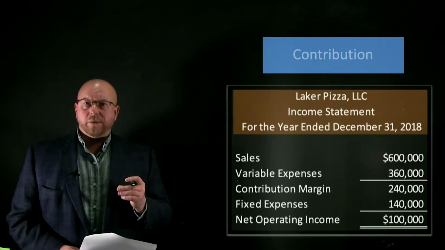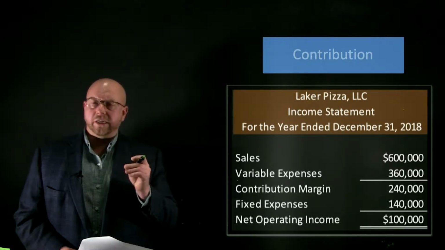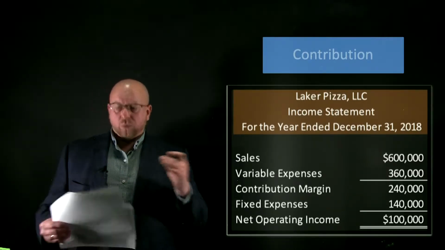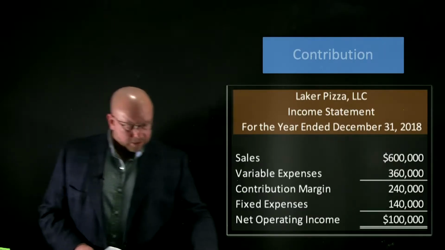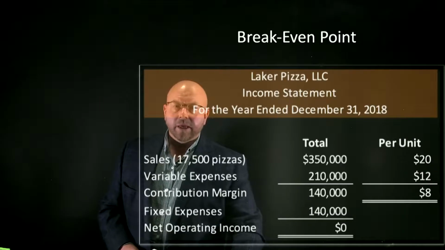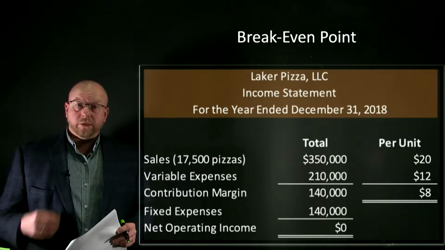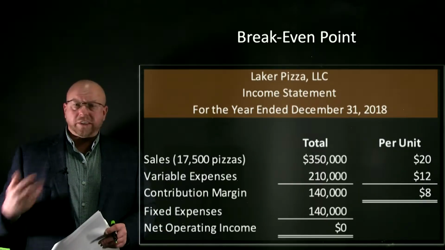A lot of times I refer to cost volume profit analysis as the what-if analysis. If we do this, what will happen? So let's take a look over here. Same contribution margin income statement, but we're at the break-even point. So this is this magical point of activity.